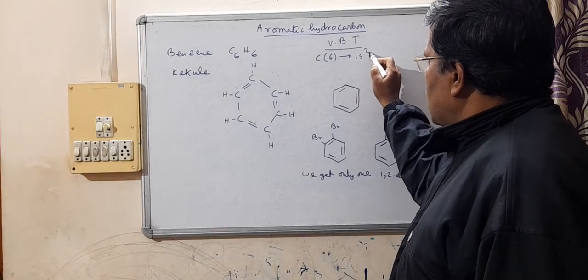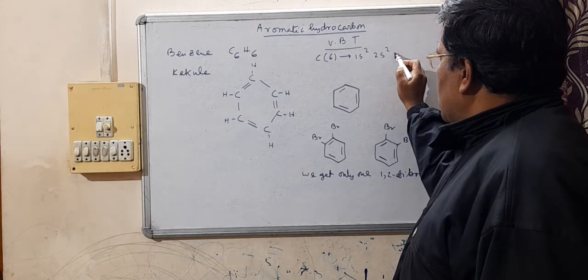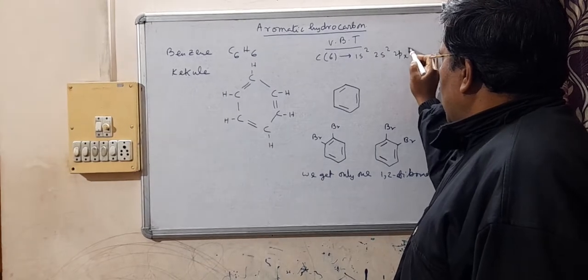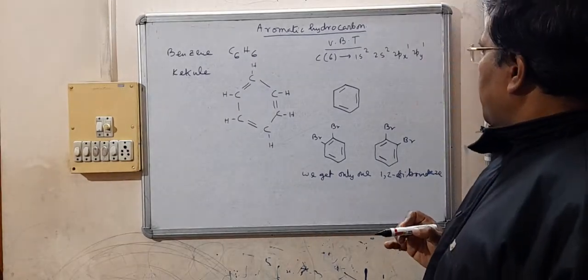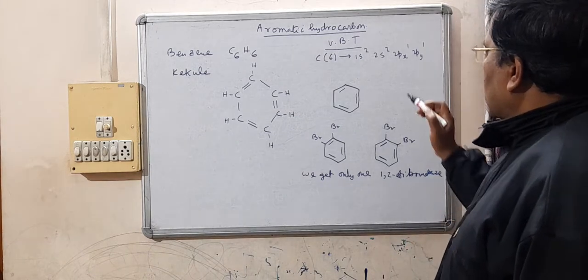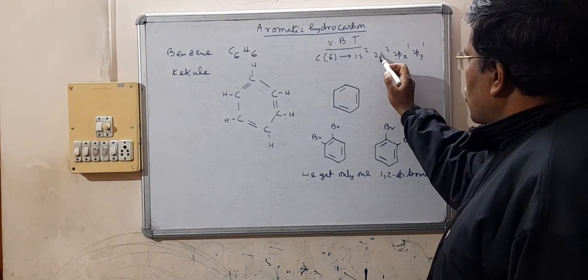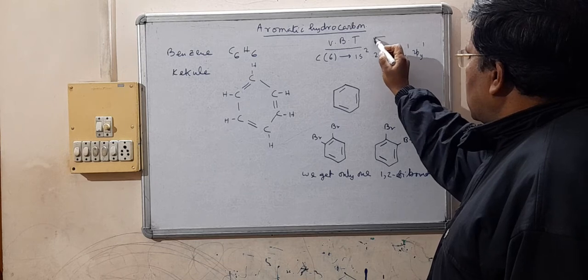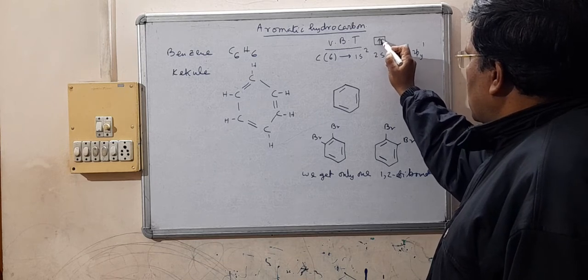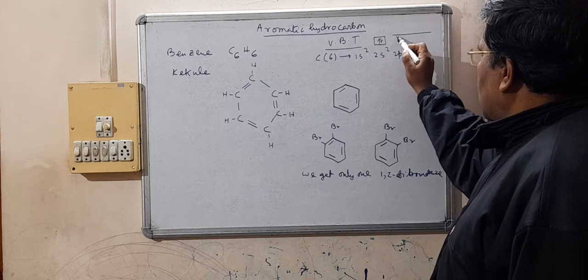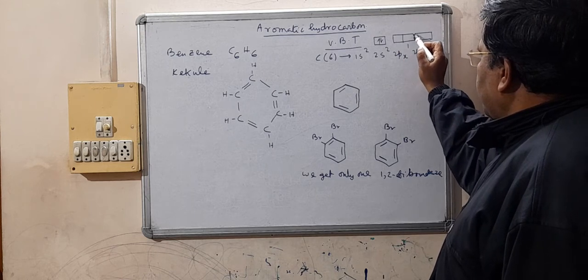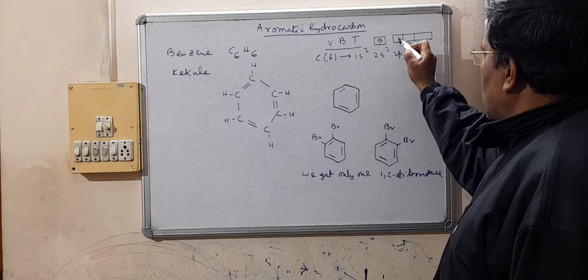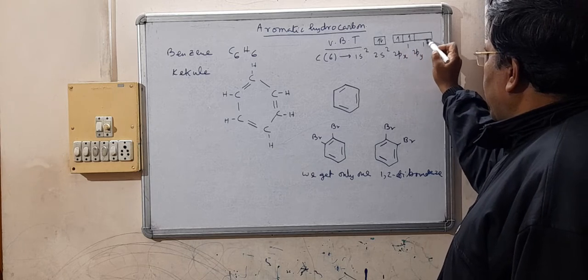Its configuration is 1s2, 2s2, 2px1, 2py1. In terms of boxes, 2s has 2 electrons, and in 2p, one orbital has 1 electron, another has 1 electron, and this one is empty.